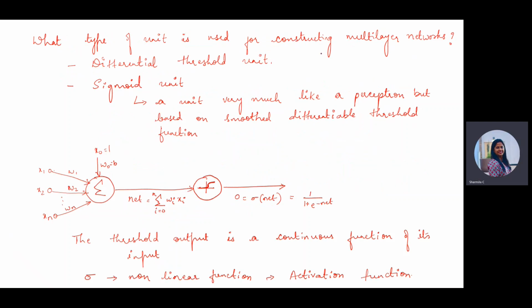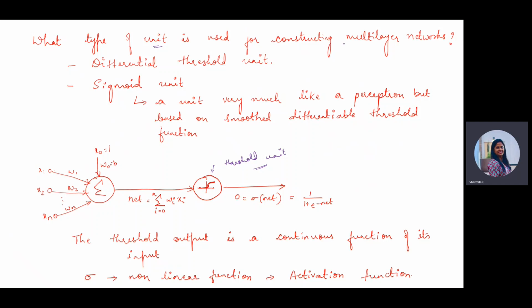What type of unit is used for constructing a multi-layer network or multi-layer perceptron? The type of unit we are going to consider is the differentiable threshold unit. So already you know how a single perceptron looks. With the single perceptron we have considered till now, the activation function of the threshold unit was a linear activation function, like the step function or a signum function.